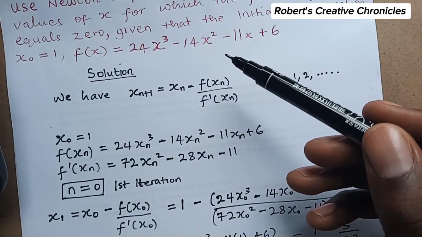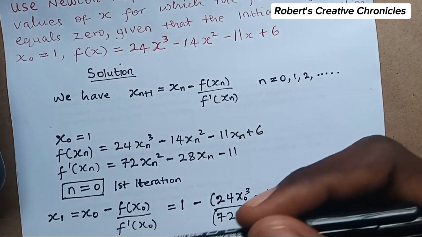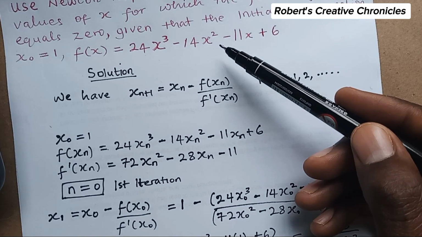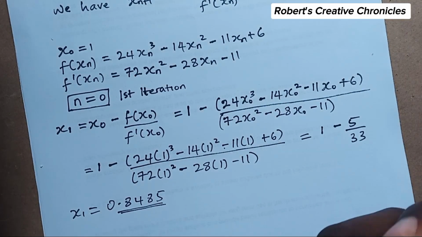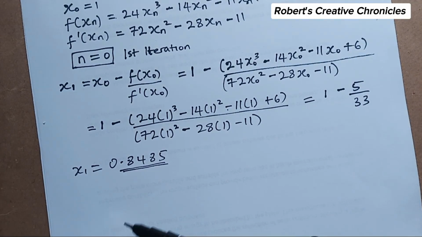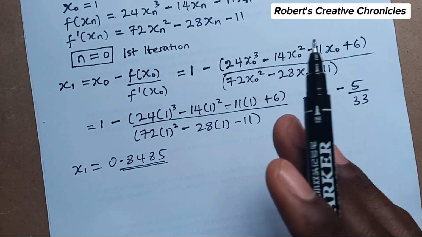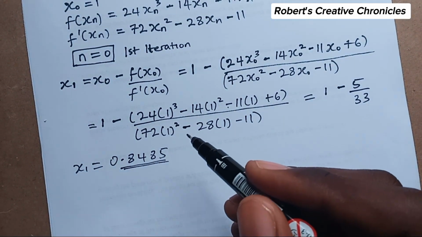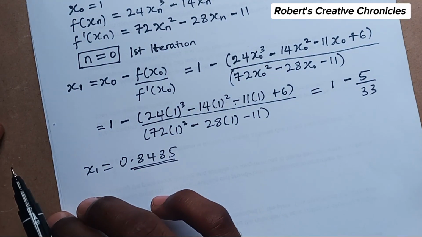That means that answer is the root of this equation. When the answer of x repeats twice, any further iteration gives us the same value, so we terminate our iteration and that gives us our answer.